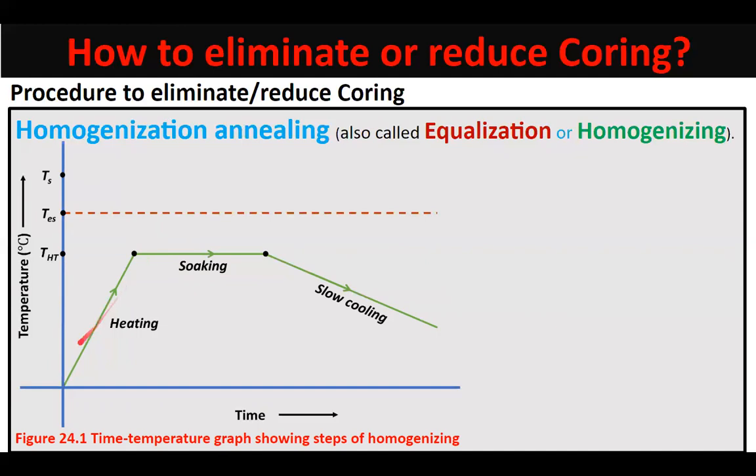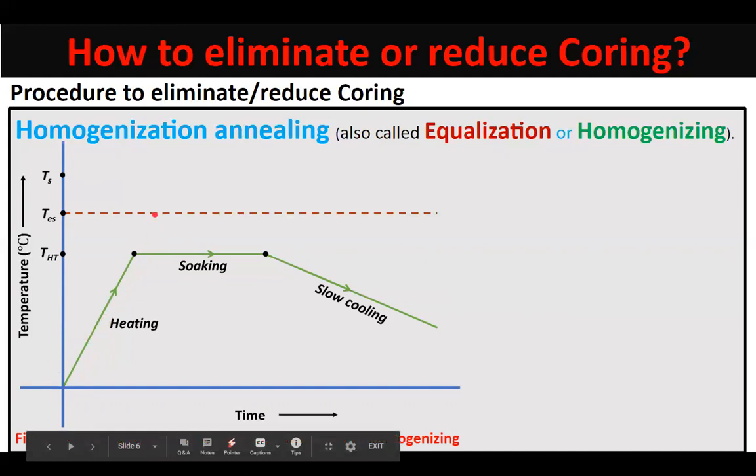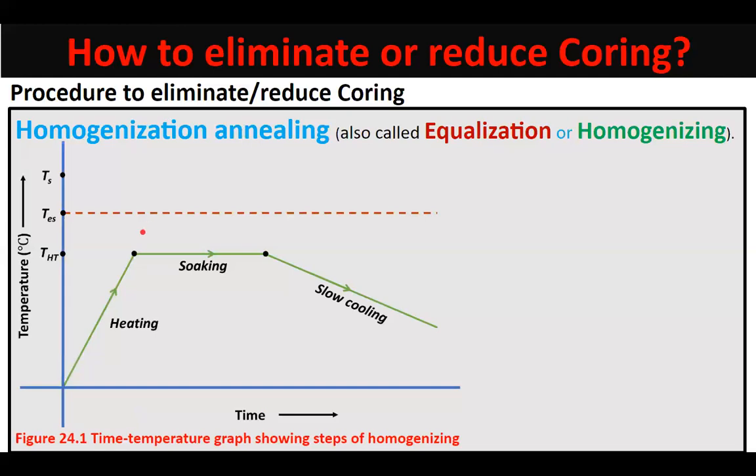So students, I repeat, if during homogenization annealing you remain below TES but have gone pretty close to it, a defect called overheating occurs. After you have completed your homogenization annealing treatment in this wrong way, where you reheated the cored casting pretty close to the TES temperature, the coring problem would go, but a newer problem would come into the picture: the ductility and toughness of your casting would get impaired.